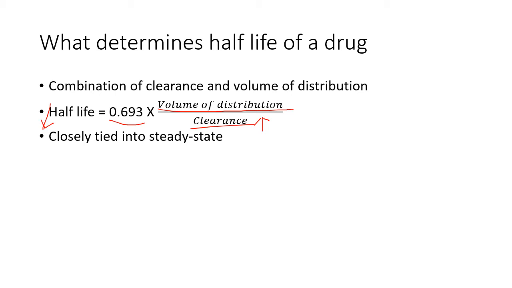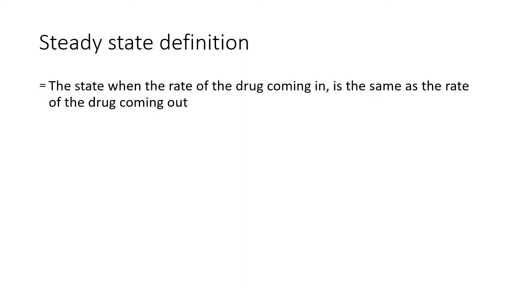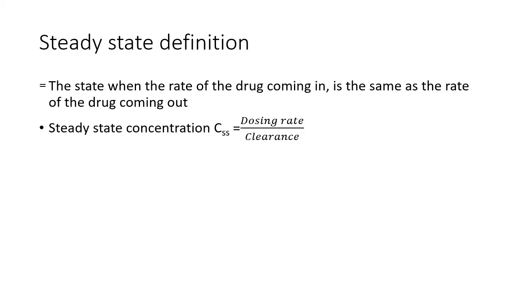And this is very closely tied to the idea of steady state, which we'll talk about shortly. Steady state is defined as the state when the rate of the drug coming in is the same as the rate of the drug going out. And at steady state, the average concentration is equal to the dosing rate of the drug over clearance.